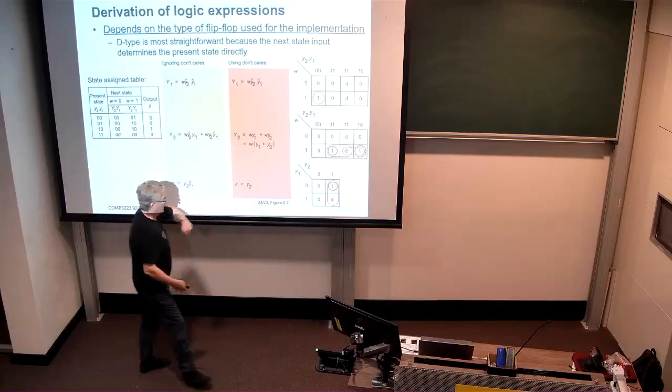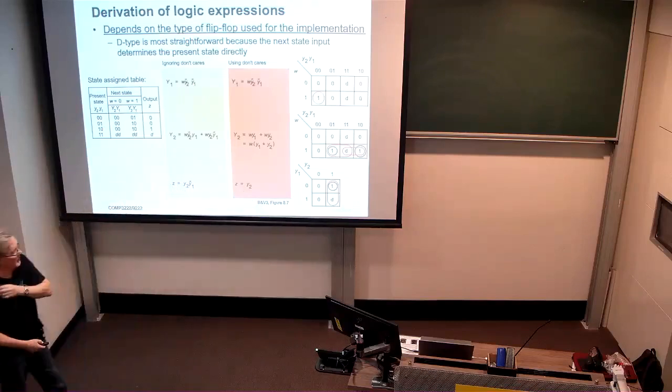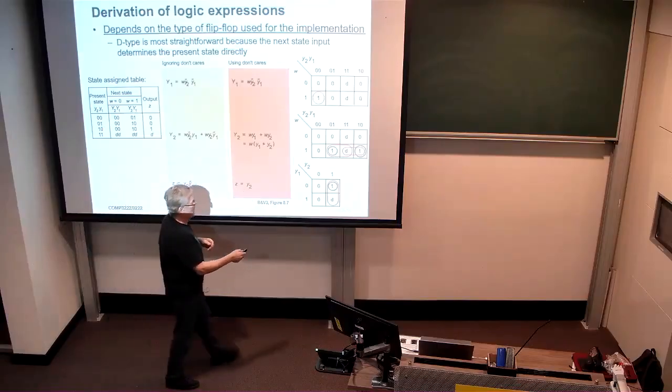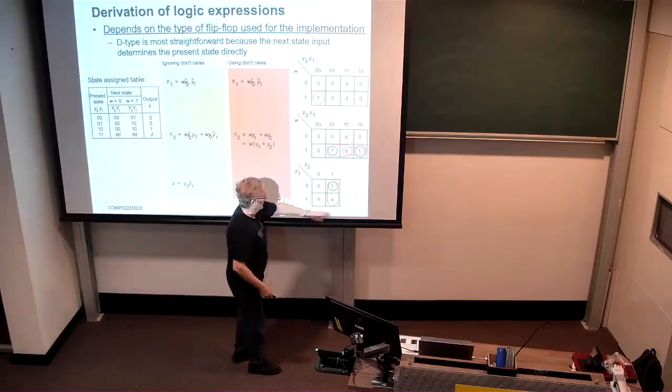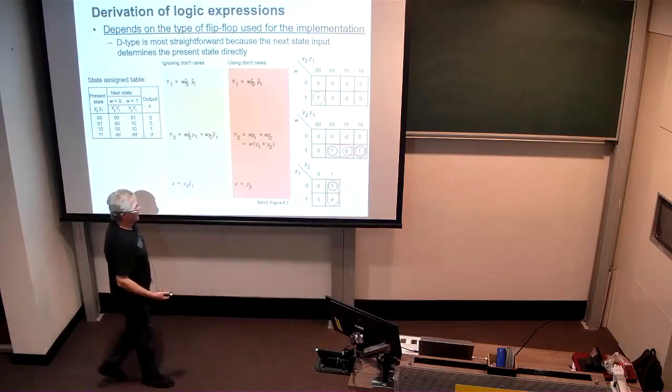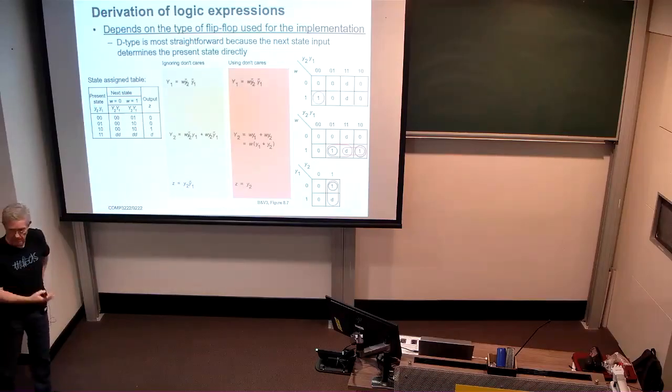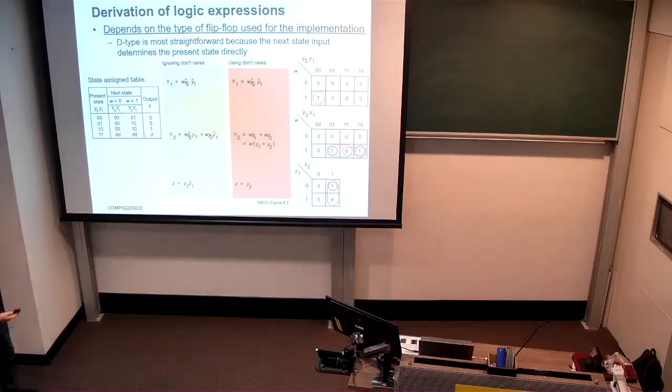So obviously there's a simplification that we can perform there. And as for Z, it can also be combined with the D below so that it becomes just Y2 rather than Y2, not Y1. All right? So I hope you can see how using the don't cares can make life a little bit easier, can lead to simpler expressions.